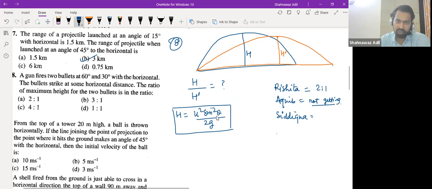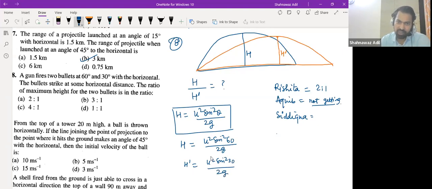We just have to put the values. So h is u square sine square of 60 by 2g. H prime is u square sine square of 30 by 2g.